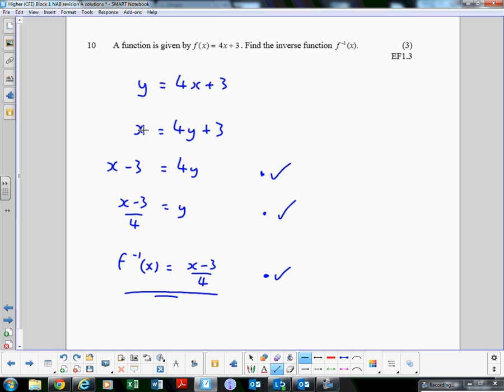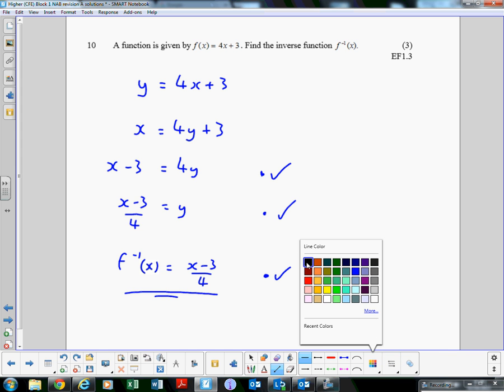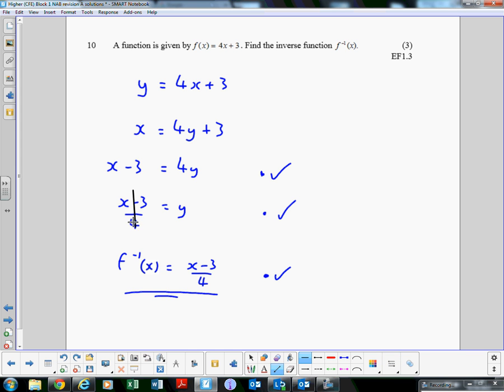So make 4y the subject, then make y the subject, and this here, okay. This term here will be the inverse of the original function. So the inverse function is x minus 3 all over 4.